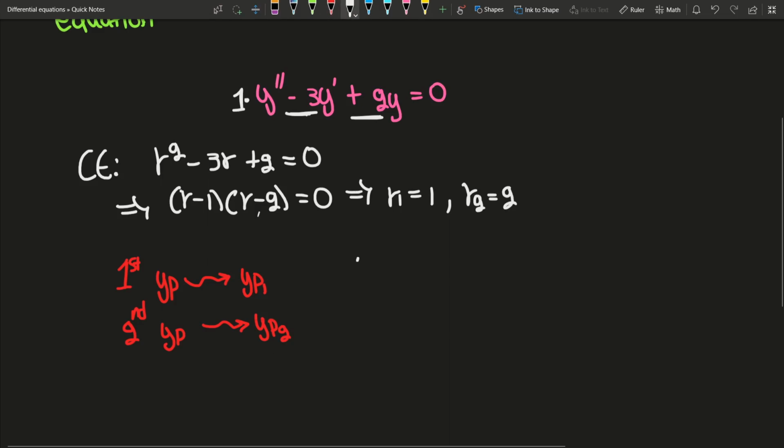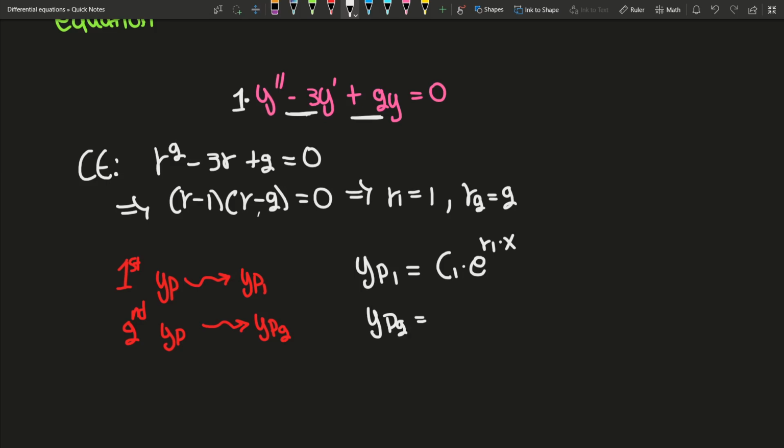The first particular solution of our differential equation here is gonna be yp1 is equal to a constant c1 times e to the power of r1 x, and yp2 is gonna be a constant c2 times e to the power of r2 times x.